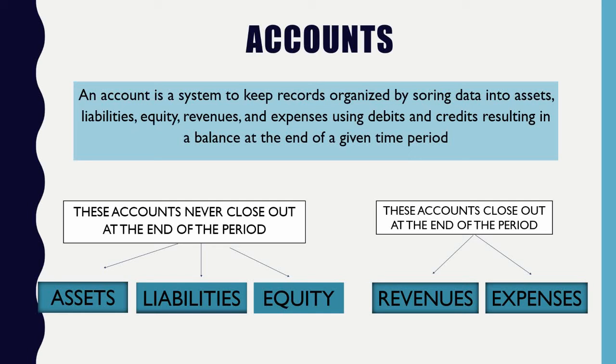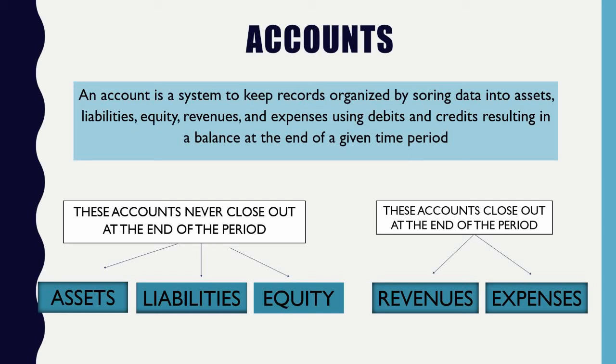Here is something you will need to know, but not right now: the difference between permanent accounts and closed accounts. When we move on to the closing process, our revenues and our expenses will close, because these are transactions that may or may not occur the next month.